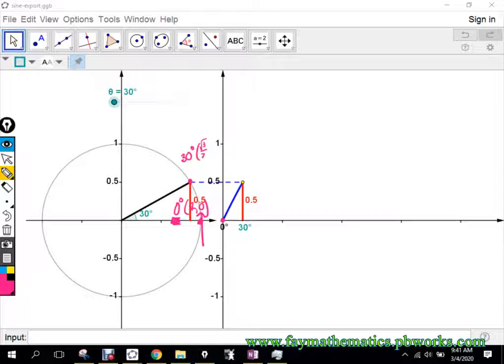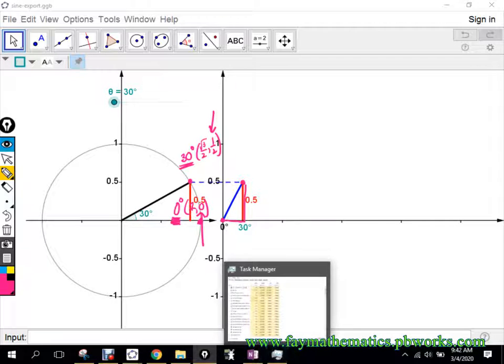Square root of 3 over 2 and 1/2. Okay. So then when I plot a point over here as a wave, the x value is my angle, it's the theta. And the y value is the 1/2. So you're seeing right there at that point, I need to go over 30 degrees and then up 0.5.